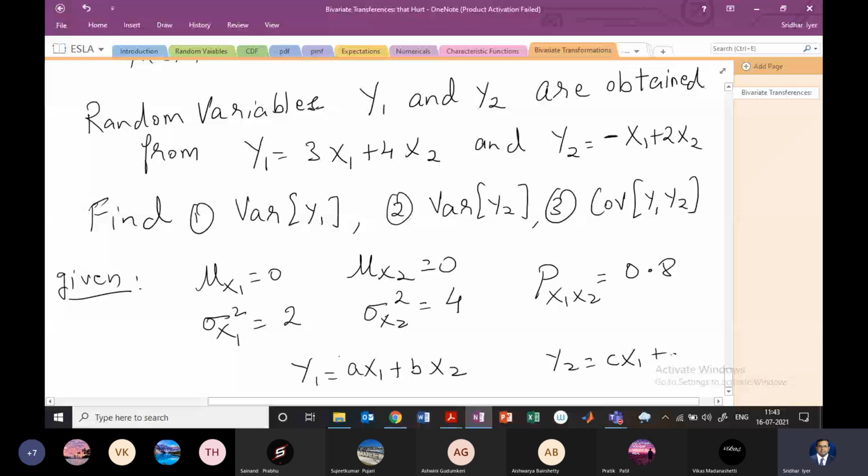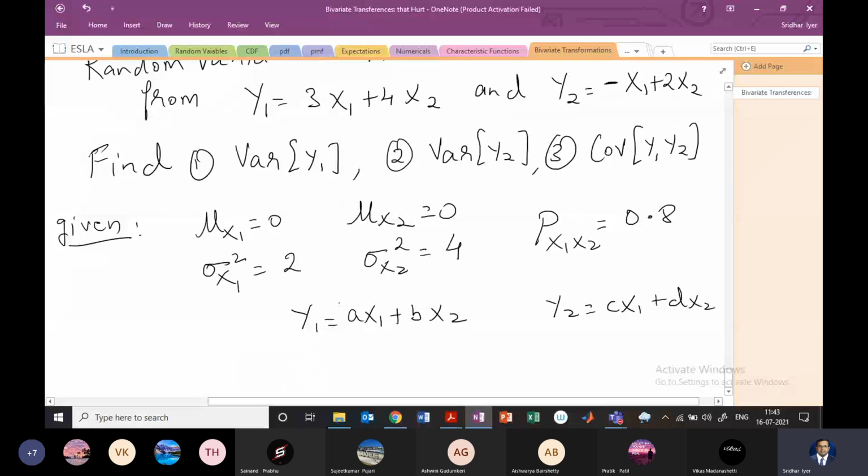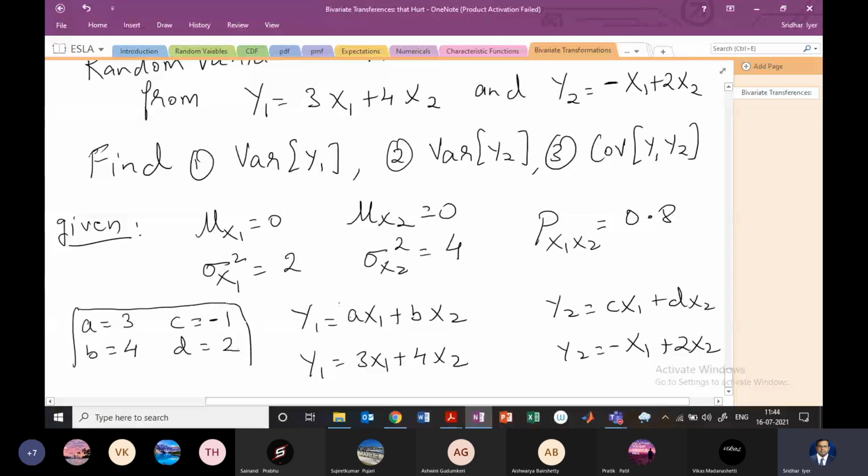Let me rewrite here: y1 is 3x1 plus 4x2, and y2 is negative x1 plus 2x2. Therefore, from here we can get the constant values: a as 3, b as 4, c as negative 1, and d as 2. These values will be helpful for us later.